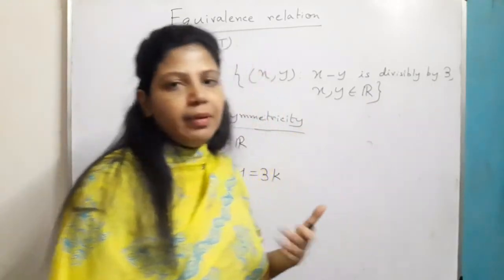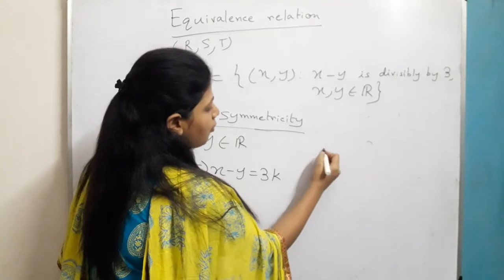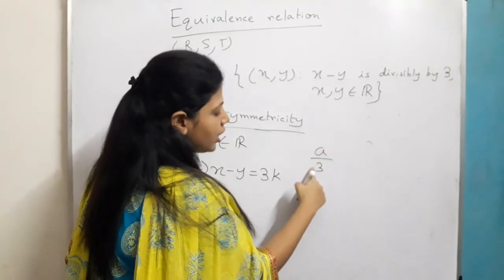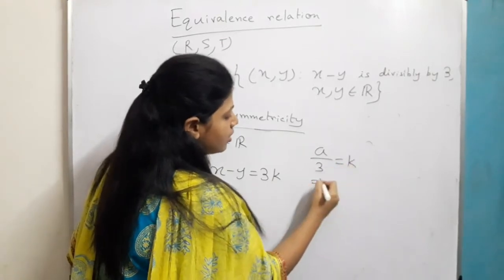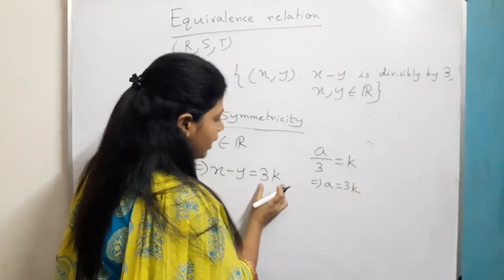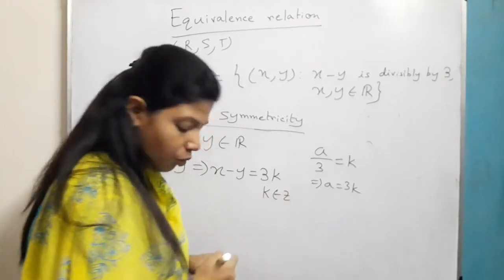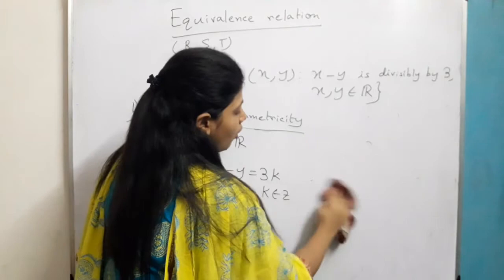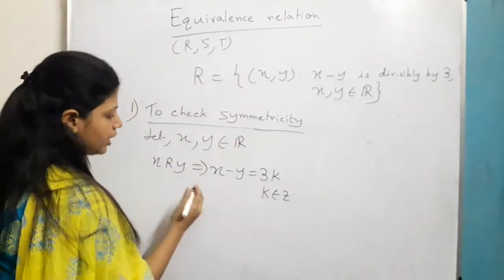Divisible by 3, that means what? Divisible by 3 means if I will take some number, suppose a is divisible by 3, so a by 3 will be an integer, that one is, I am taking k here. So a equals 3k. Just for that I have taken 3k here. And here we will write k belongs to Z, because you know that k should be an integer, otherwise it is not divisible. So x minus y equals 3k.